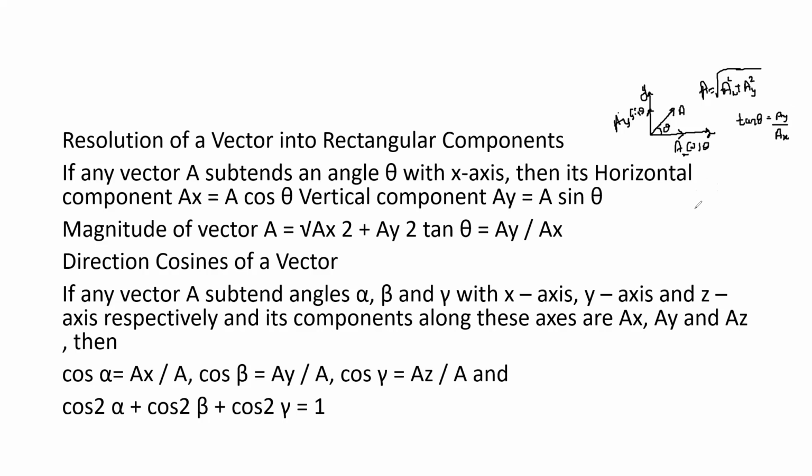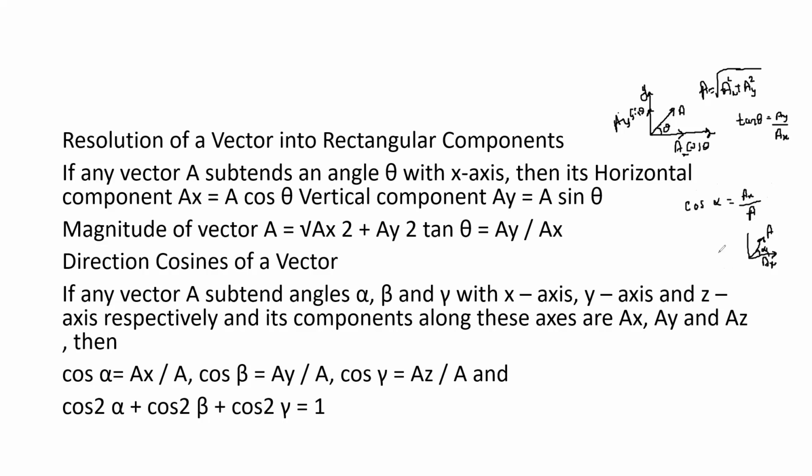Then cos alpha is given by Ax divided by A. Suppose this is a vector A and it is making an angle alpha here. I can join this, and this is your Ax. So here we write cos alpha is equal to Ax divided by A. Similarly, cos beta is given by Ay by A, and cos gamma is Az divided by A.